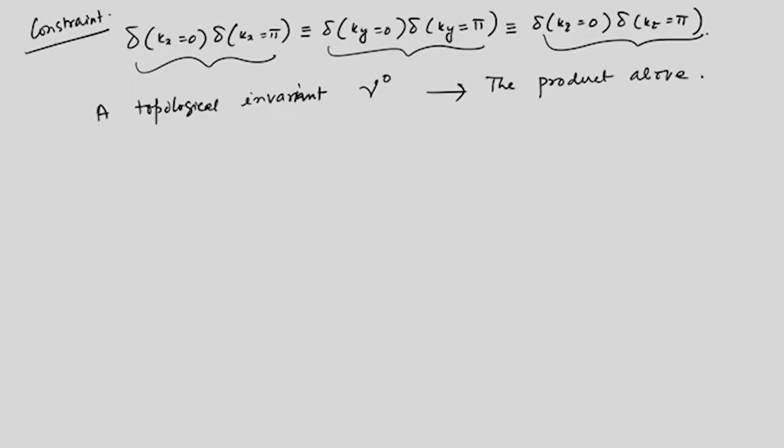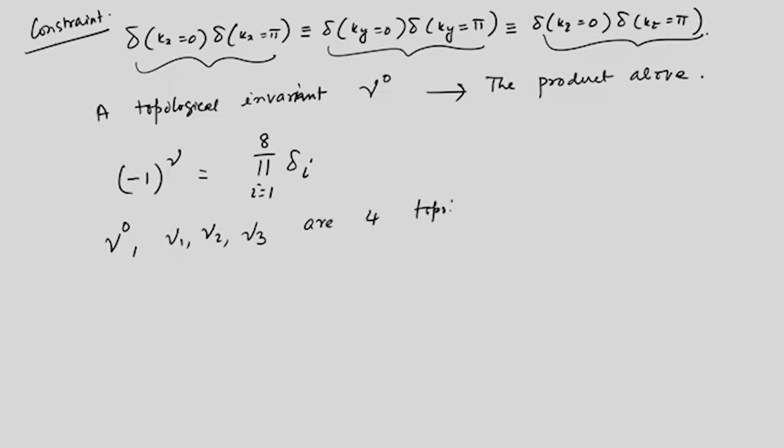So, what we had was minus 1 whole to the power nu, over all these deltas, and now there are 8 of them, so it is 1 to 8. Now because of this condition, nu 0, nu 1, nu 2 and nu 3 are the 4 topological invariants present in the system.